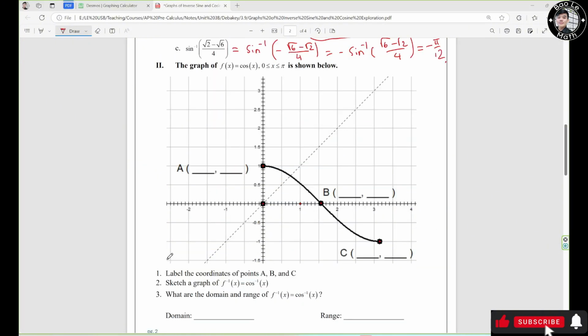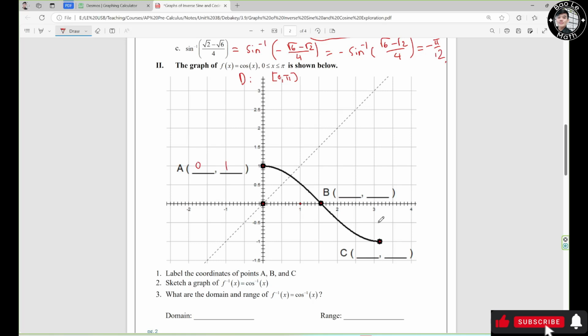Now let's move on to problem number 2. The graph of the function cosine of s is given right here. The domain is going to be 0 to pi, right? So now question number 1. Label the coordinates of points A, B, and C. Point A right here is going to be 0, 1, so very simple.